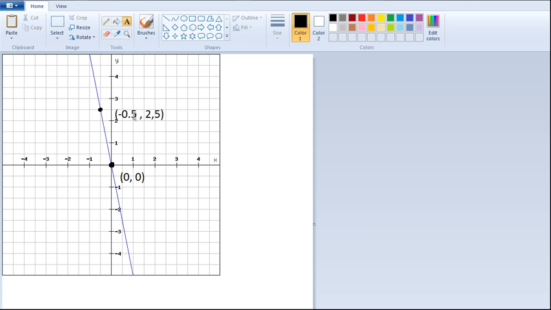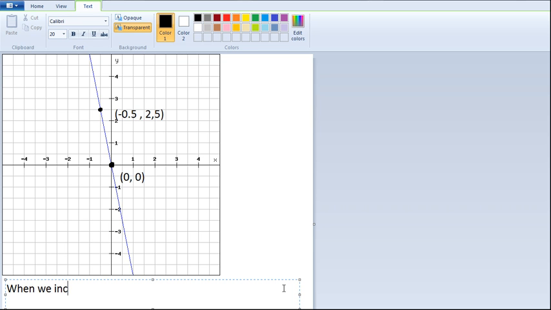So we go from minus 0.5 to 0, which means that we increase, because we go from minus 0.5 to 0. So we increase x by a half.